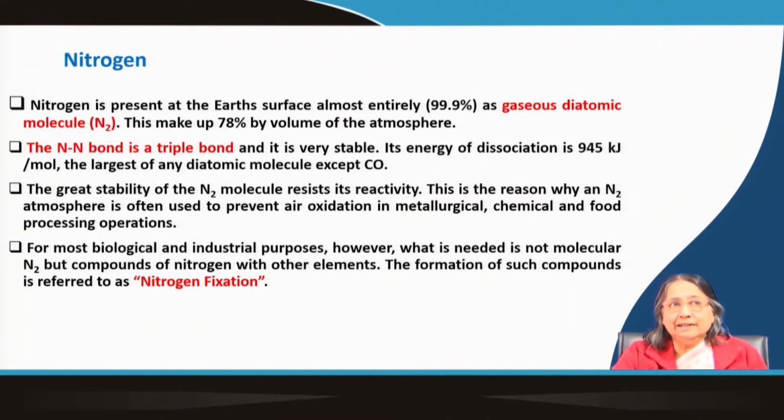But if we see in what form nitrogen is present, then we will see that nitrogen is present in a combined state. It is not present as just nitrogen, that means the 0 state. It is present in other combined forms, and the formation of such compounds is referred to as nitrogen fixation.